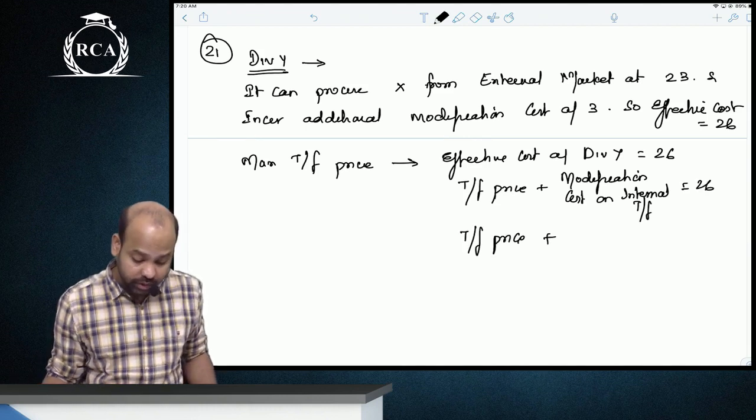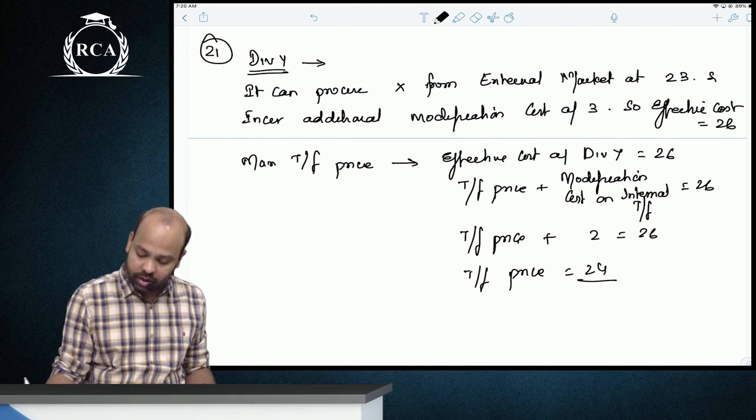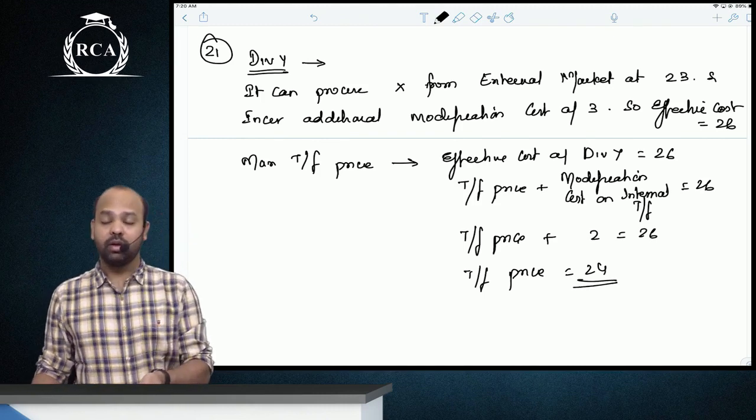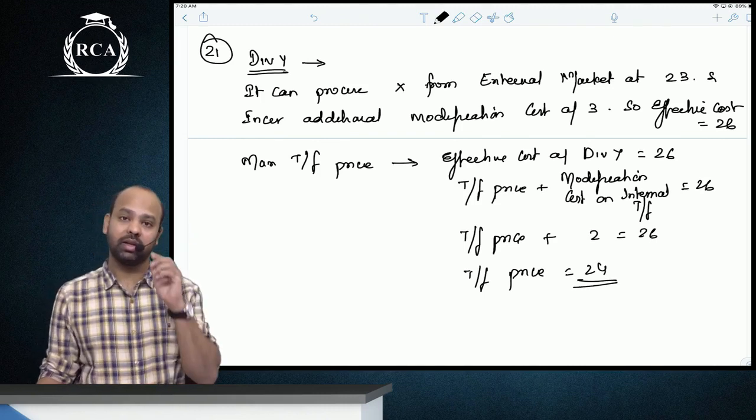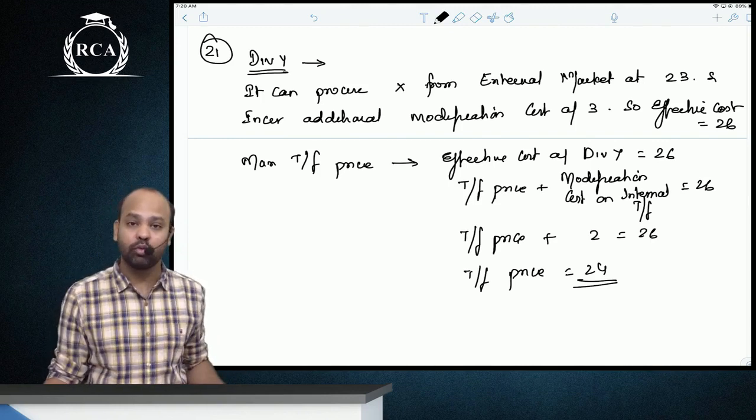So the maximum transfer price they will be willing to offer for internal transfers is 24 rupees. They will not offer anything more than that.